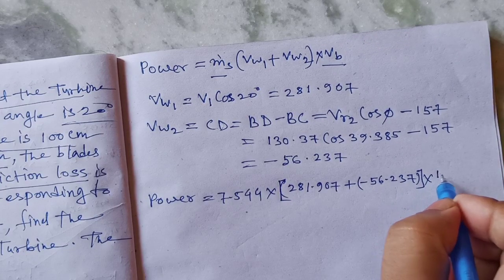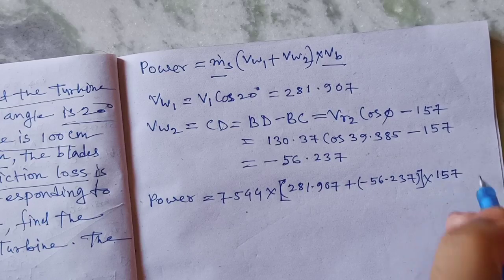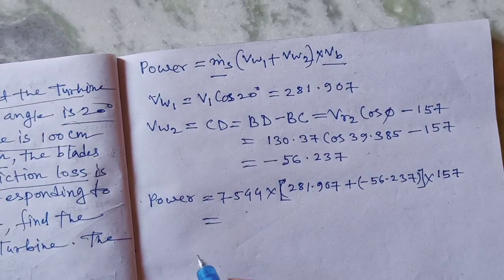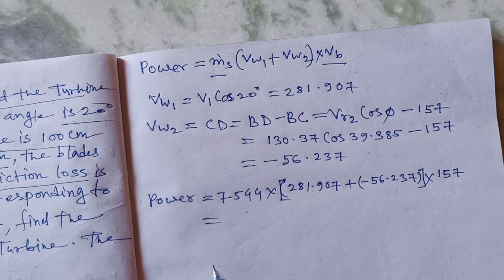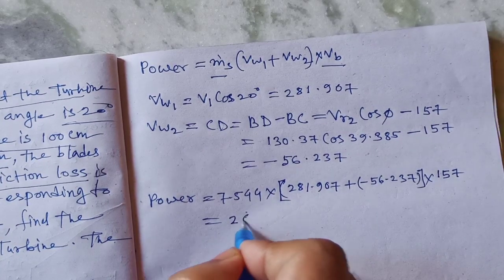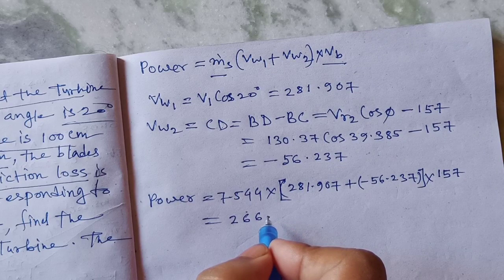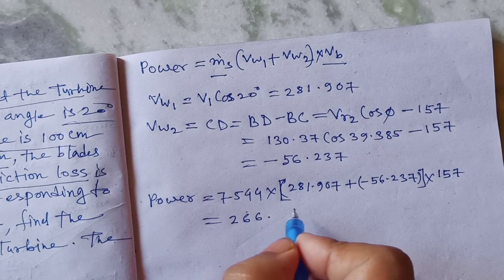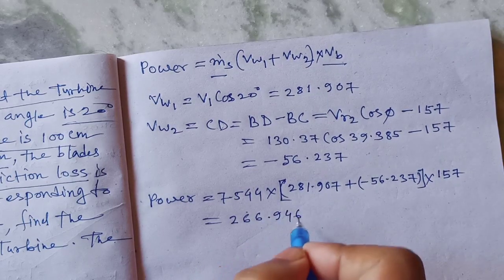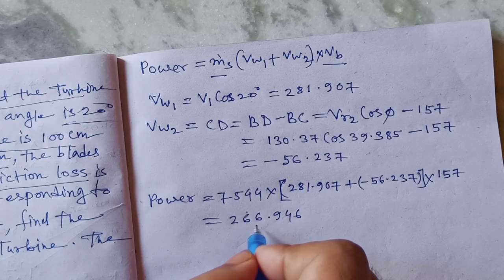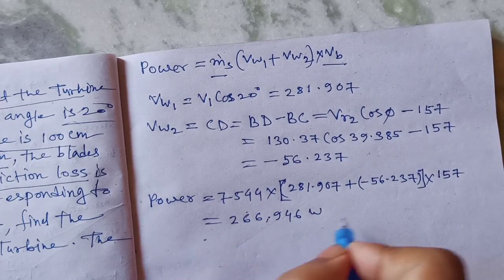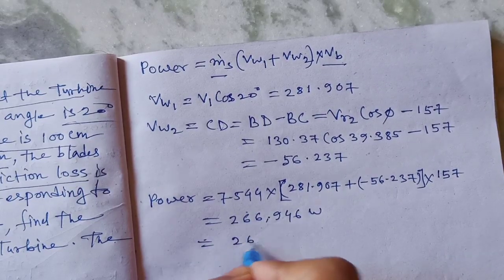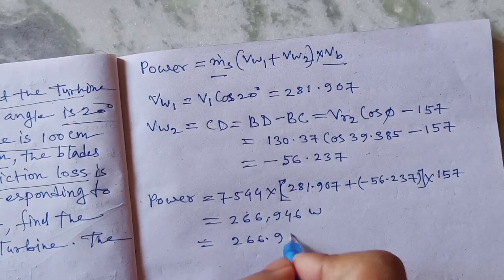VB is 157. So by this calculation this value will be 266,946 watt. This equals 266.9 kilowatt.